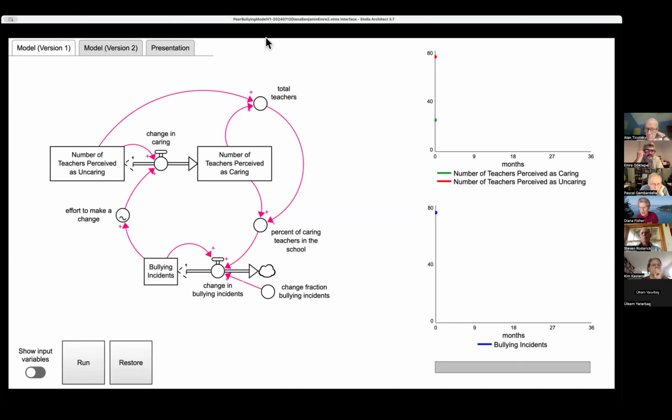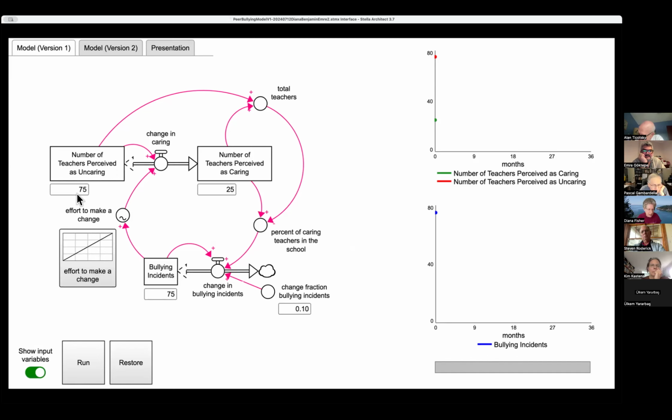And then to finish the feedback, we would look at the percentage of caring teachers to the total, and that would have an impact on the number of bullying incidents.